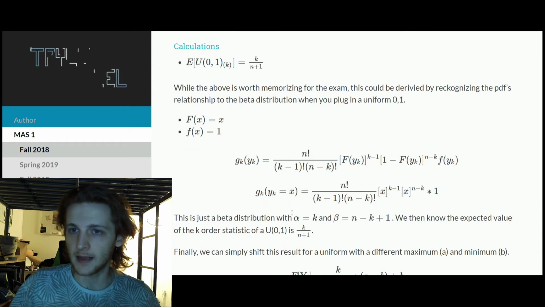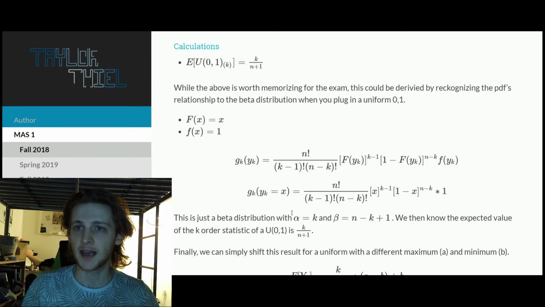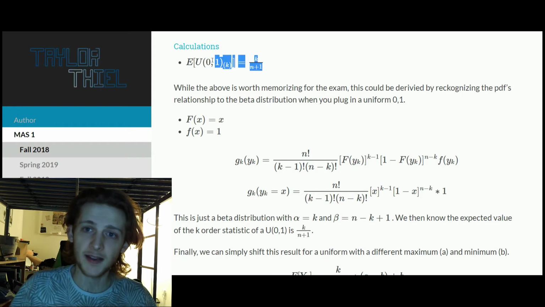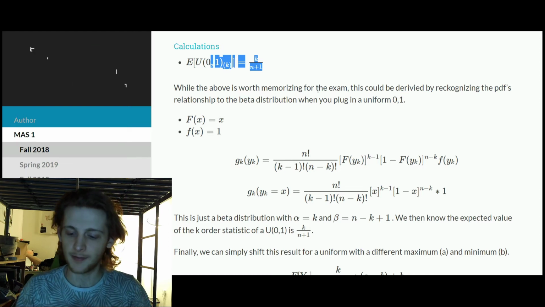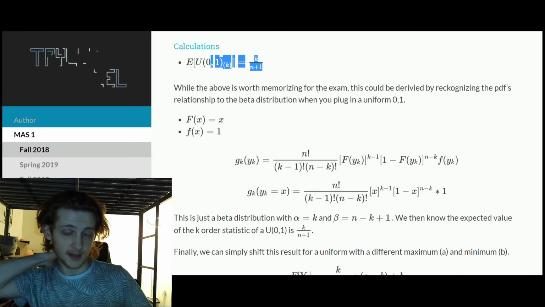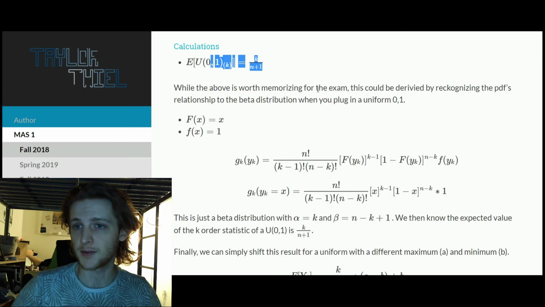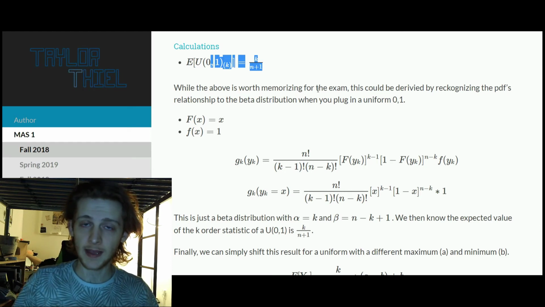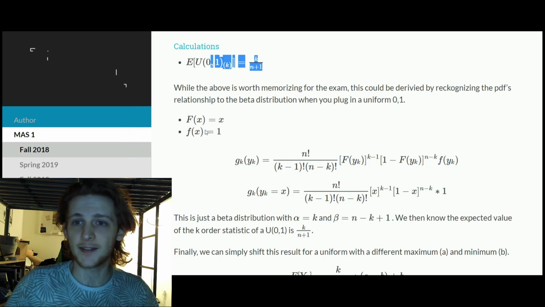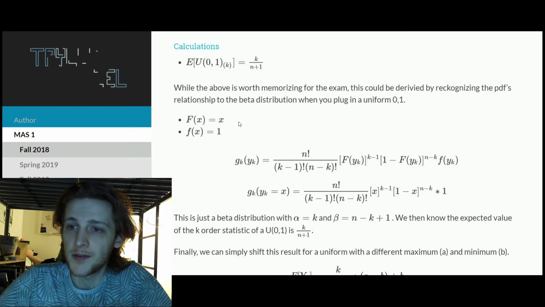But let's say you don't have this formula memorized. There is a way to figure it out on the fly. First off, it's simpler to use uniform 0, 1 instead of uniform 0 to theta. So we start off with uniform 0, 1 and recognize that the PDF is just 1 and the CDF is x.